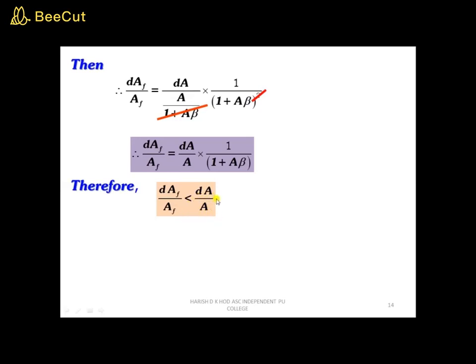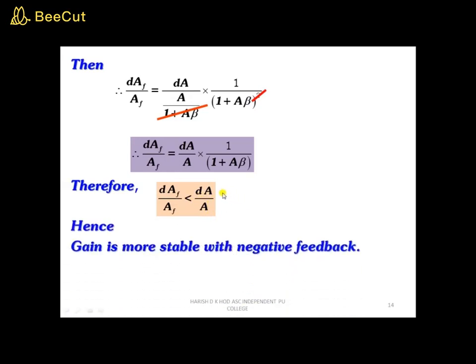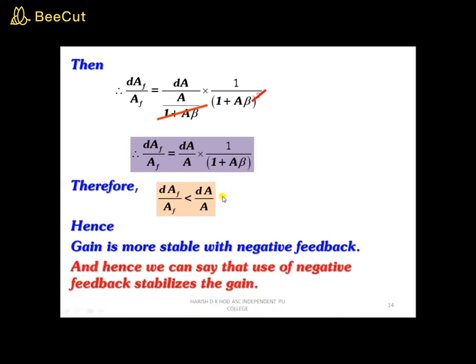So children, what we clearly understand from this is that the use of negative feedback decreases the change in the gain of an amplifier. That is, gain is more stable with negative feedback, and hence once again we can say that use of negative feedback stabilizes the gain. Okay children, so here all the concepts of this lesson are finished.